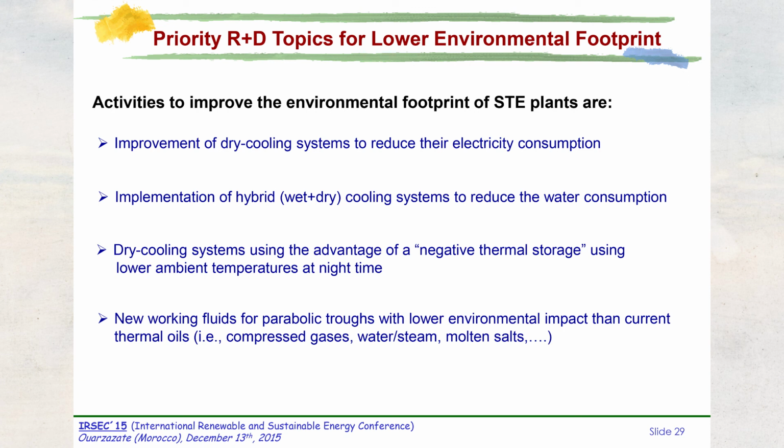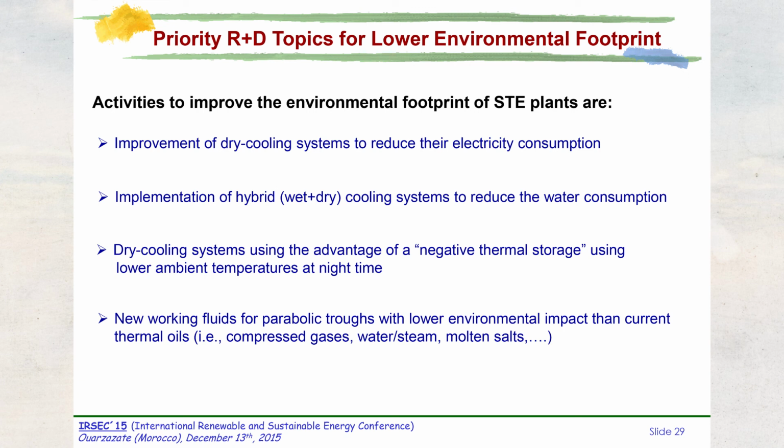And once again, developing new working fluids to replace thermal oils, because the thermal oils we are using in parabolic-trough collectors are contaminant, are pollutant. So if we have a leak in the solar field, we contaminate the soil, the ground, and we have to remove this contamination, and this is very expensive.